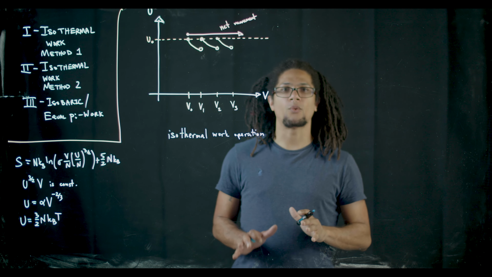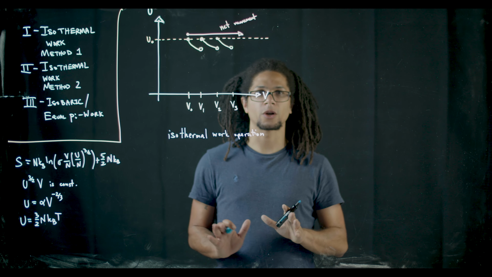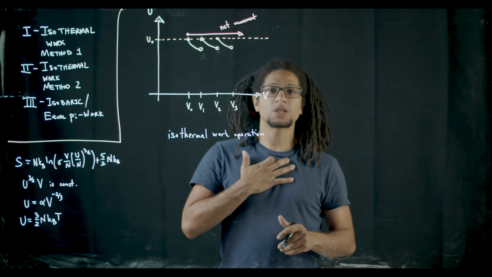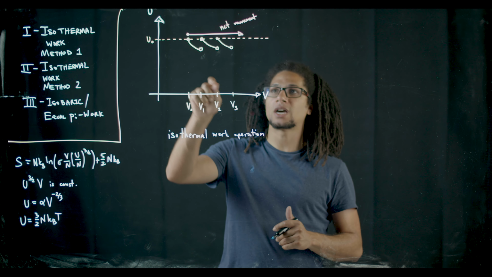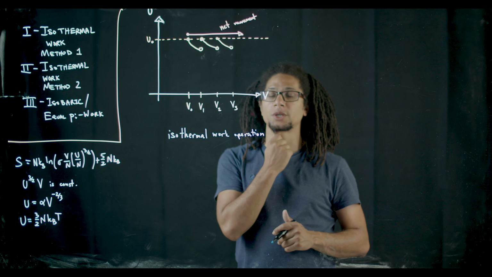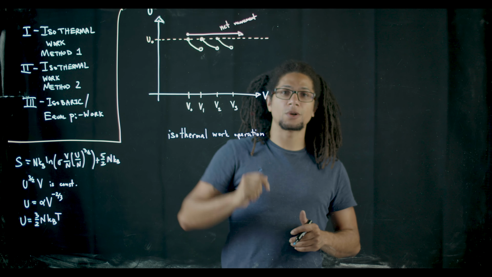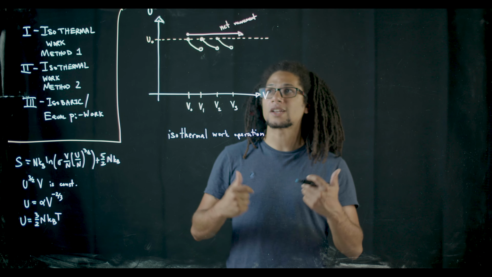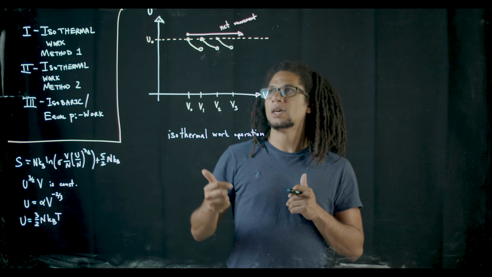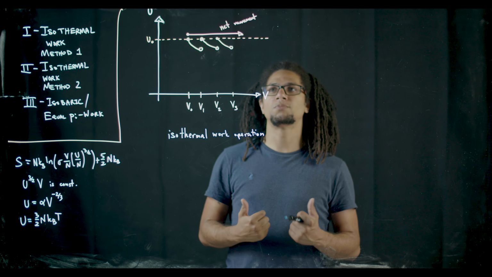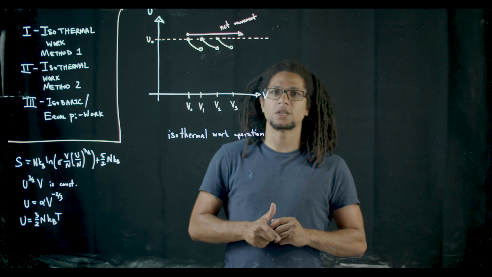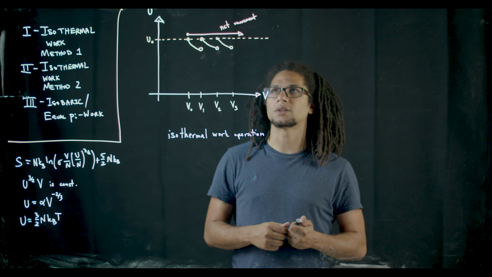And I want to point out why we might want to call it isothermal work. Now, we are still doing some work to the system. Every time we do one of these adiabatic work operations, we're increasing the system's volume and decreasing its internal energy. In fact, in this example, we're letting the system do work to us. But we could think about doing this process in reverse, in which case we'd be doing work on the system.